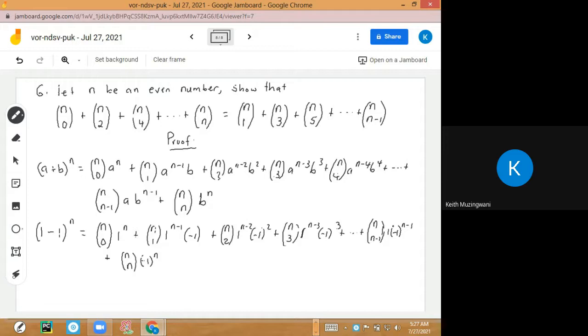But 1 minus 1 is just 0. So unfortunately, the power is gone.